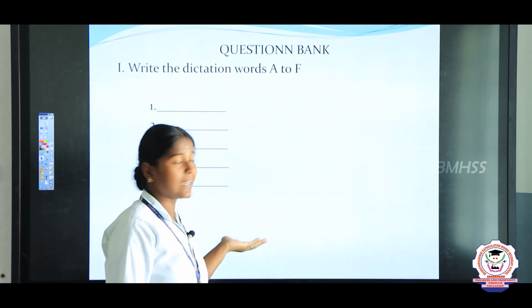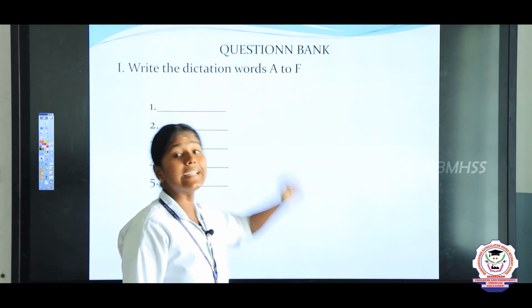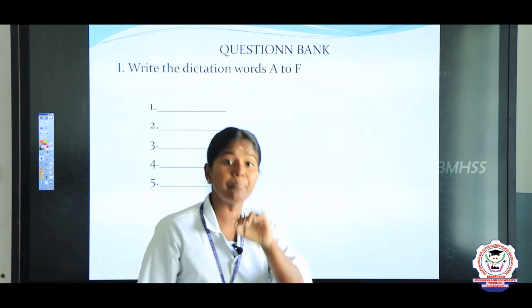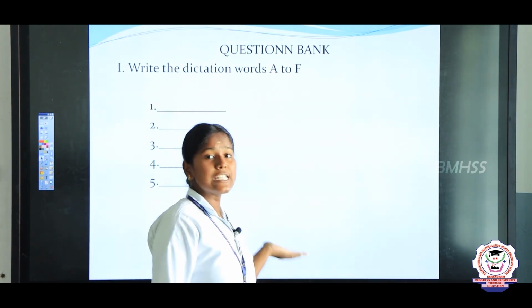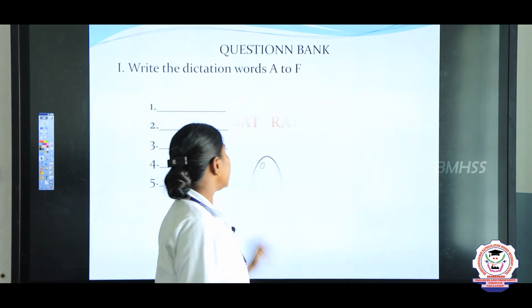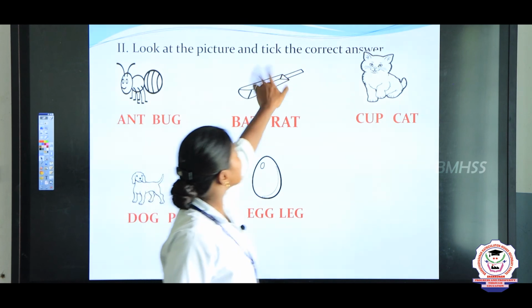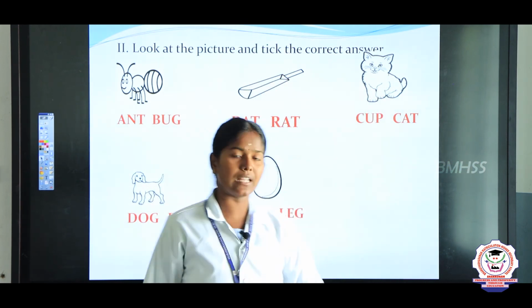The first Roman is, you have to write the dictated words from A to F. Ma'am will dictate the word and you are going to write the spelling of the word. The next Roman is, you are going to tick the correct answer for the picture.